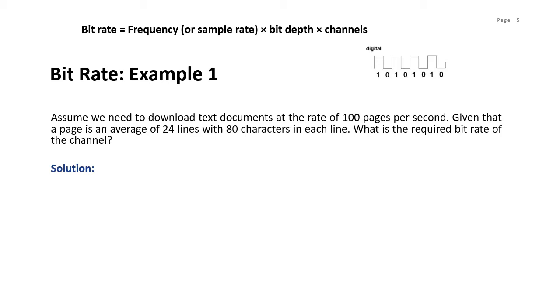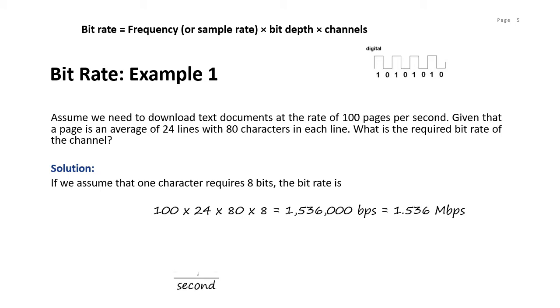Okay, so if we assume that one character requires 8 bits, we can calculate the bit rate. In any typical character, for example ASCII code, one character requires 8 bits, right? So let's just assume that. So we can calculate as 100 times 24 times 80 times 8, where 100 is the samples per second or the sampling rate, and 24 multiplied by 80 is the symbols per sample per page.